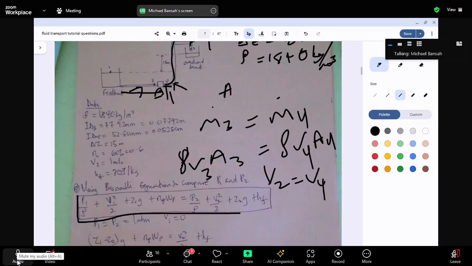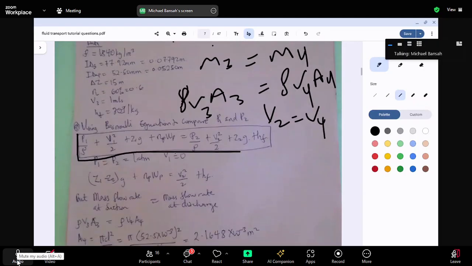Now the velocity at point 1 in this tank is 0 because the fluid is stagnant in the tank. In the pipe, it is moving, that's at 1 meter per second, but in the tank, it is stagnant. That is why we have this V1 equal to 0.